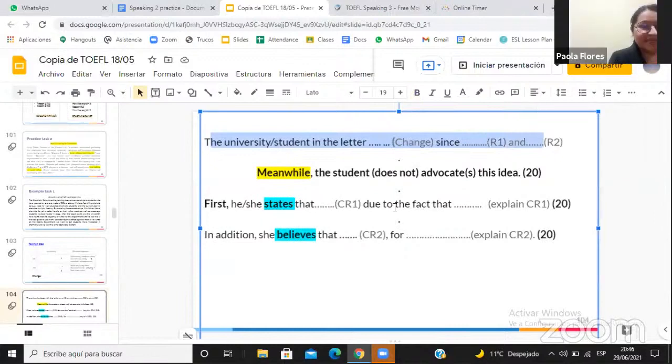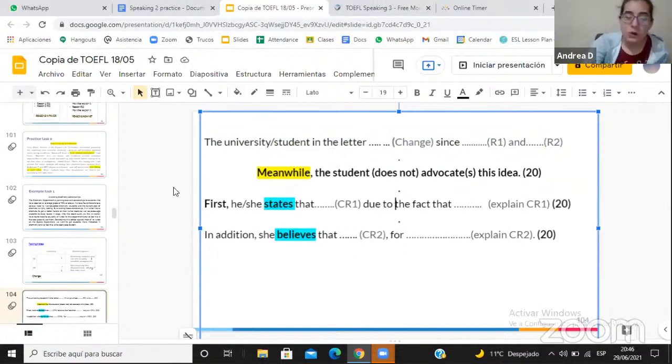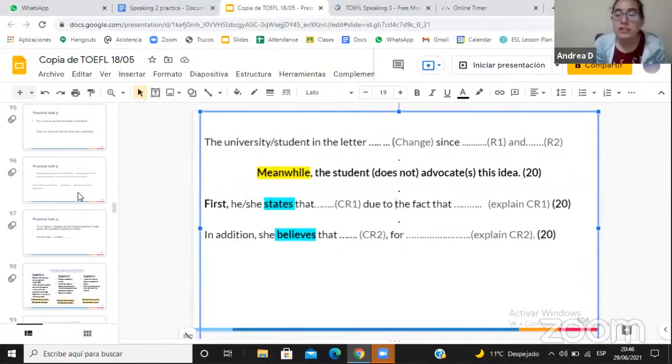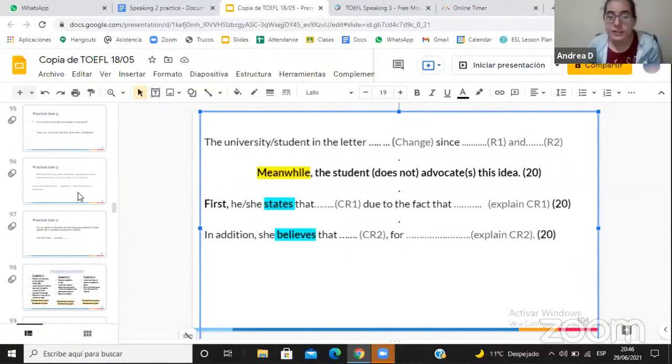So, okay. Let's wrap it up. The first task, the one that we saw last week, was completely different. Of course, generally speaking, in the speaking section, you need to try to use transitions. They're gonna add vocabulary and structure and coherence even.